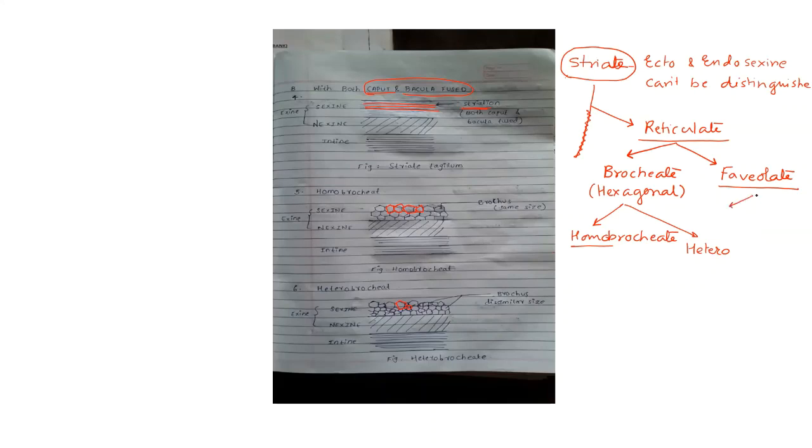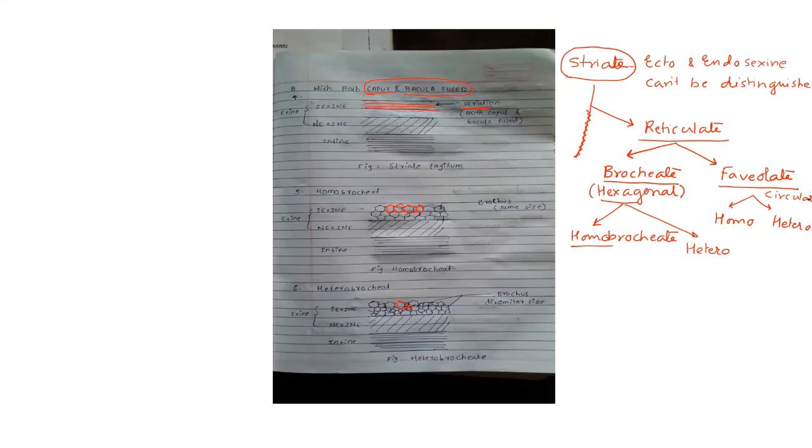That is, again here we can have two types, homofaviolate and heterofaviolate. Normally brochi are hexagonal, but sometimes they may be circular. So if the brochi are circular, then there are two possibilities. One is homofaviolate, second is heterofaviolate.